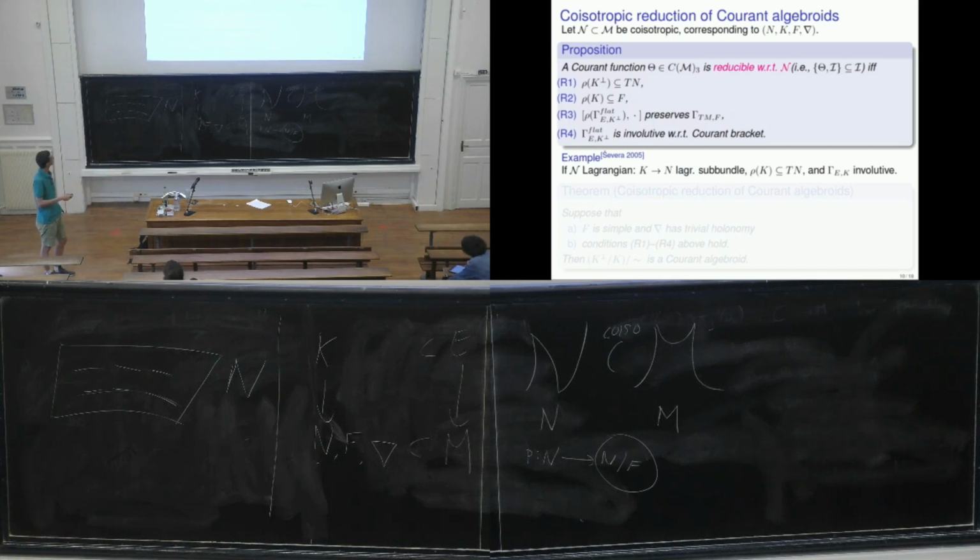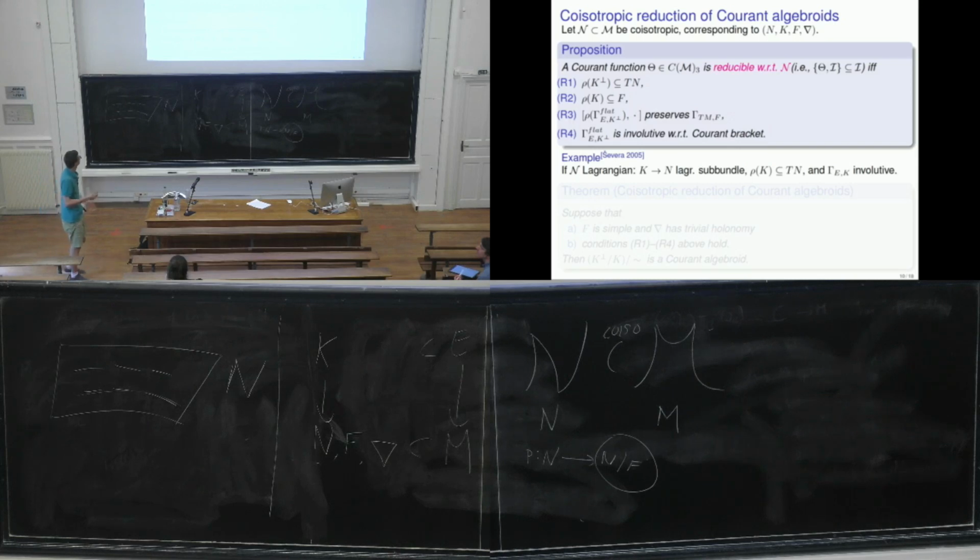A sufficient condition for the degree 3 function to induce a function on the quotient is that it lies in the normalizer of the vanishing ideal of the coisotropic submanifold. Or in other words, that theta, for the bracket, preserves the vanishing ideal. And yet another way to say it is that the homological vector field, which is just the Hamiltonian vector field of theta, is tangent to the coisotropic. So we have again a Dirichlet manifold.